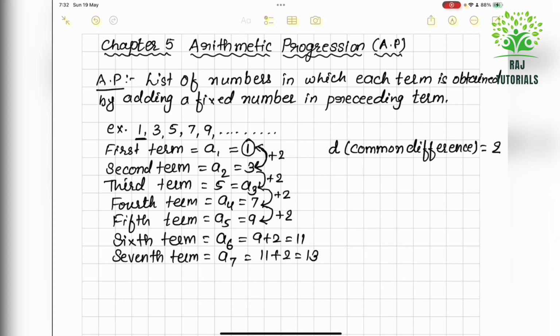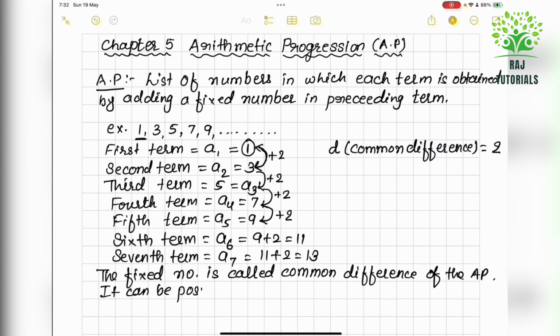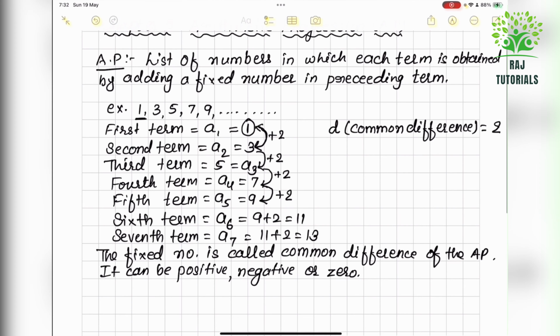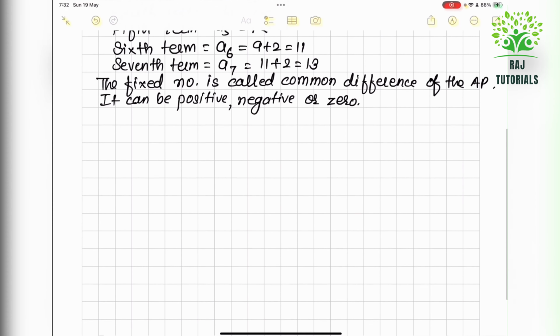So the fixed number is called common difference of the AP. It can be positive, negative, or 0. Now, this is the main thing in the AP.